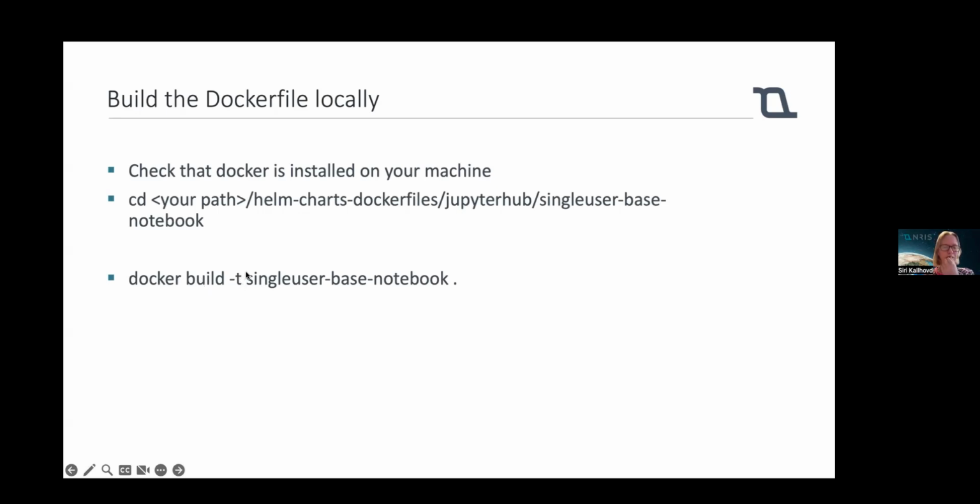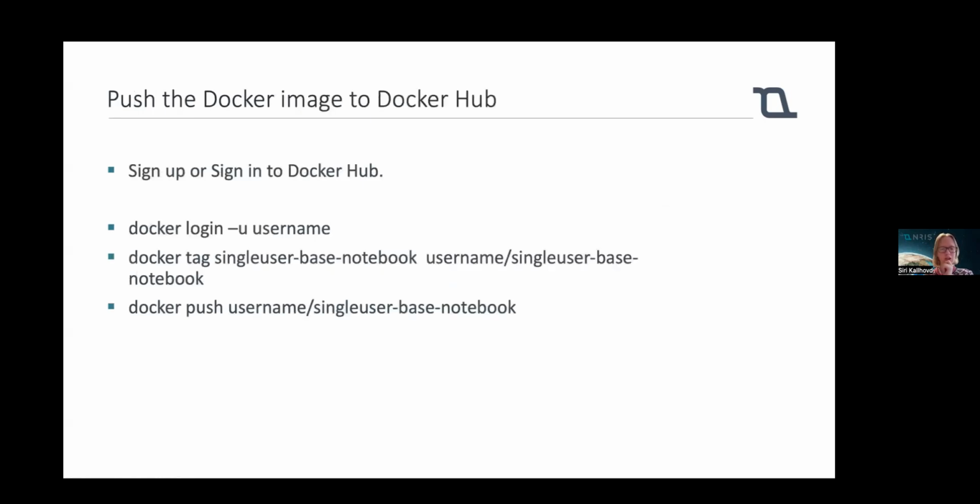So you have this one, which is for tagging, and this one is for building the Dockerfile that is in this directory. You can also specify a directory here, but if you just specify the dot, it will build the Dockerfile that is in here. And yeah, so this is Dockerfiles, which is the script to make a Docker image. And when you run this build, you will get a Docker image.